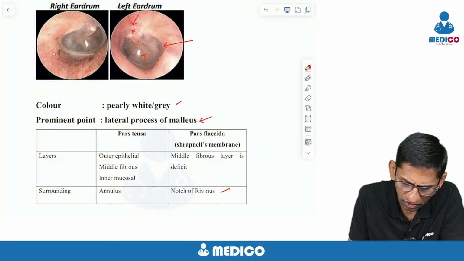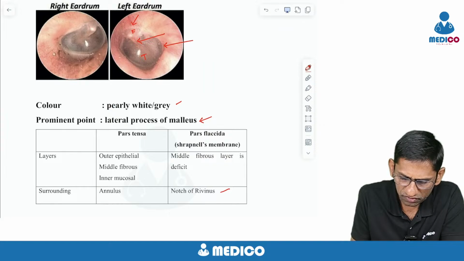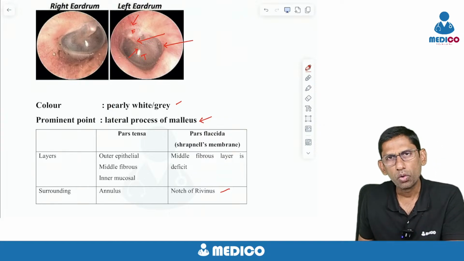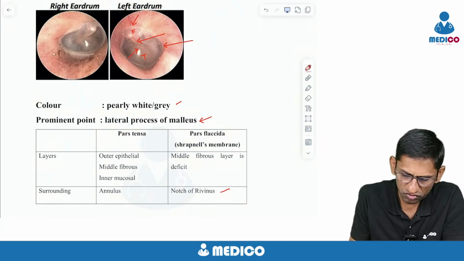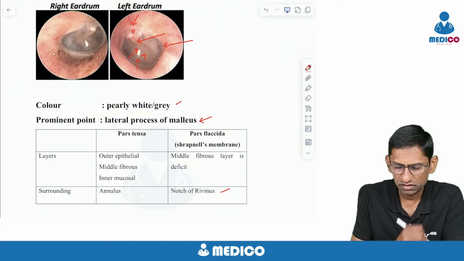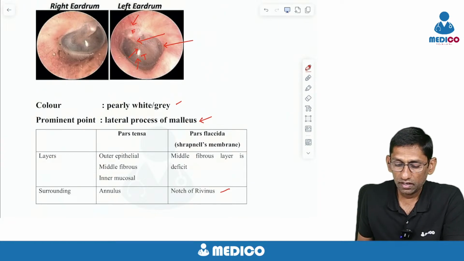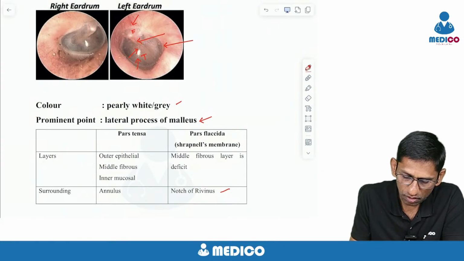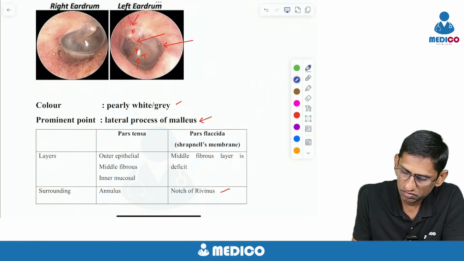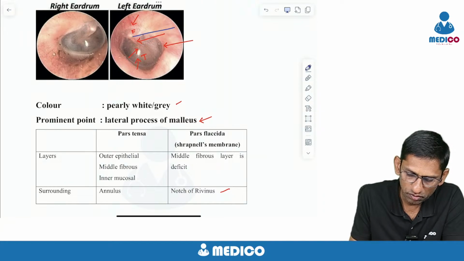See, this is the handle of the malleus, and the tip of the handle is called the umbo. We know that. And this is the cone of light shining in the antero-inferior part of the tympanic membrane, and the superior part of this handle of the malleus is the lateral process of the malleus.